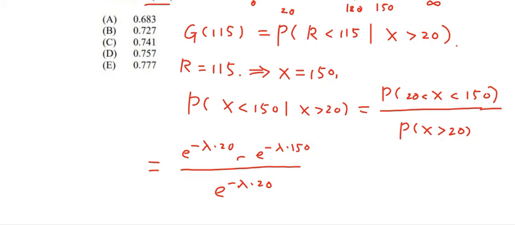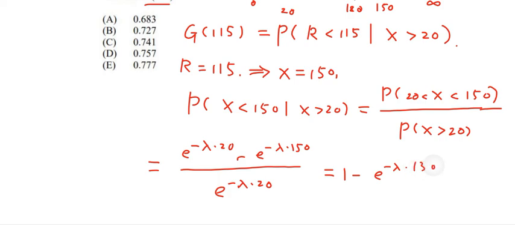So this equals 1 minus e to the negative lambda times 130.